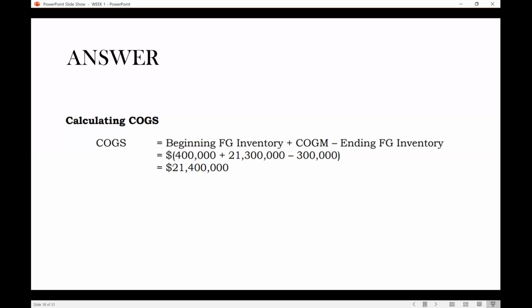So all the goods that you manufactured that are now finished together give you all the finished goods that you have available to sell. If you know all the goods that you had to sell and you know what you have left, subtracting what you have left from what you had altogether tells you what you had sold. So that's the explanation of the formula.